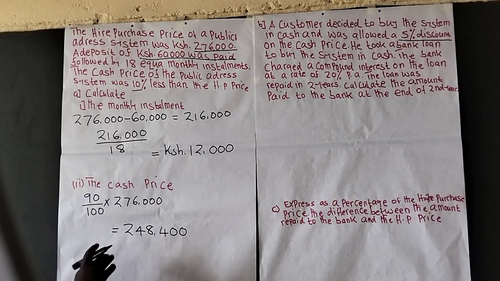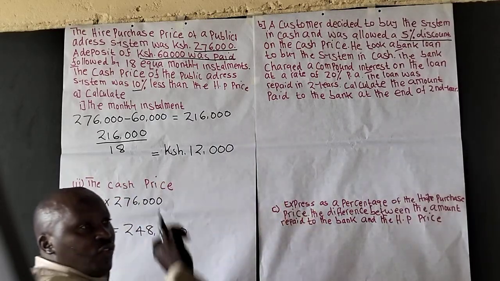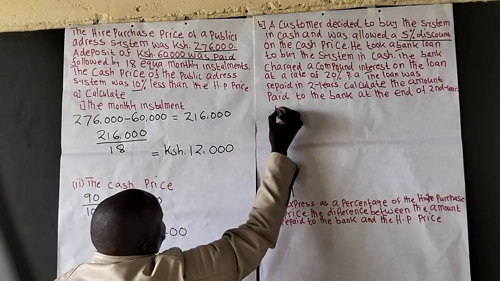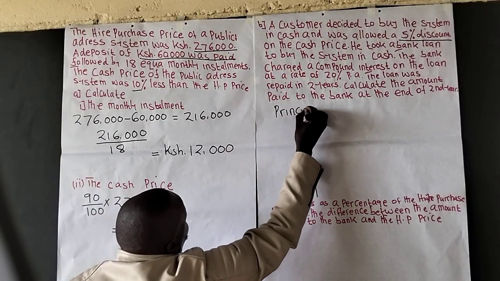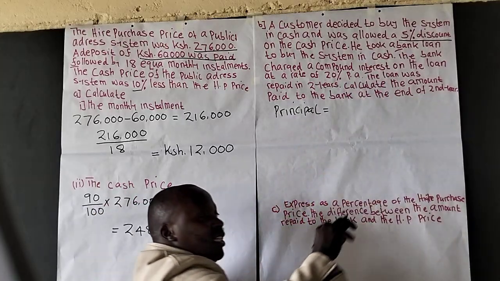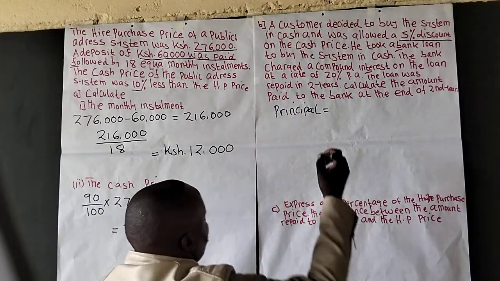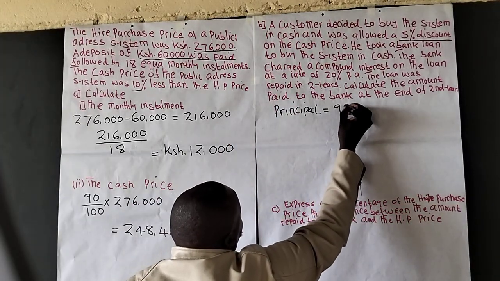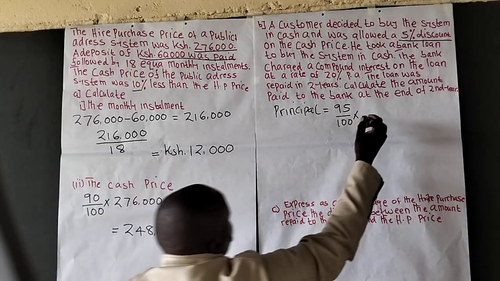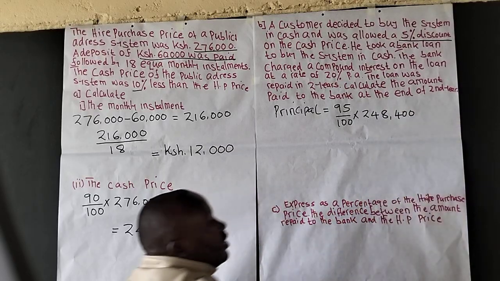248,400. So if he uses this option, he will be given a discount of 5%. So how much will he pay? We call it the principal. The principal is equal to, a discount of 5% is given, that means he or she will pay 95%. So it is 95% over 100 times the cash price, which is 248,400.